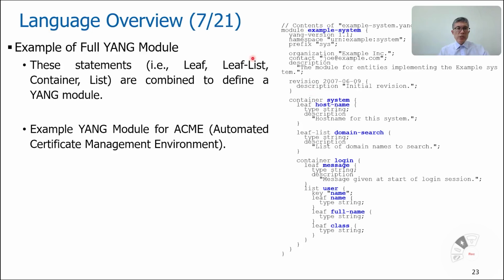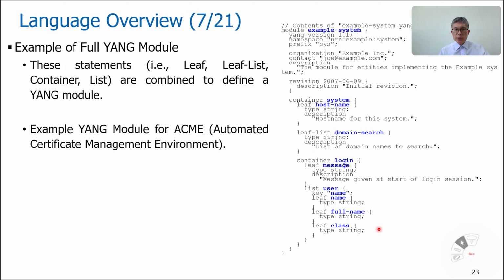Here is an example of a YANG module. Module example with its version: this is the header part, the revision part, and the actual data definition part here. The example system container is the actual instantiation of variables in this YANG module, and consists of the leaf host-name and the leaf-list domain-search, the list of domain names.